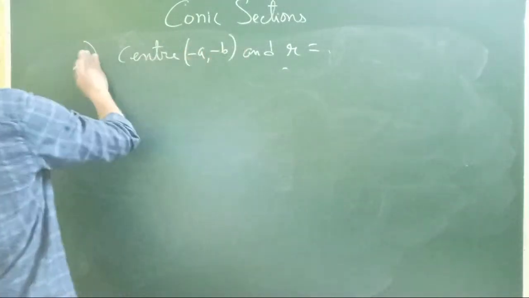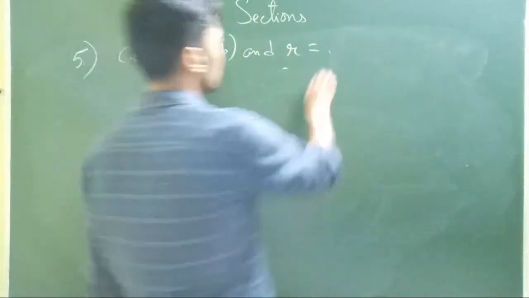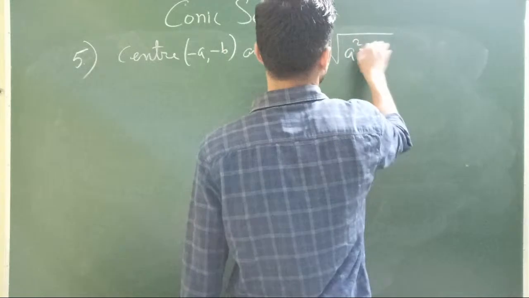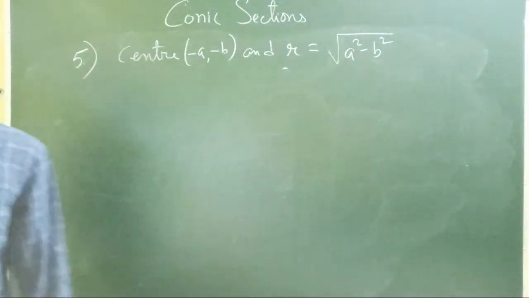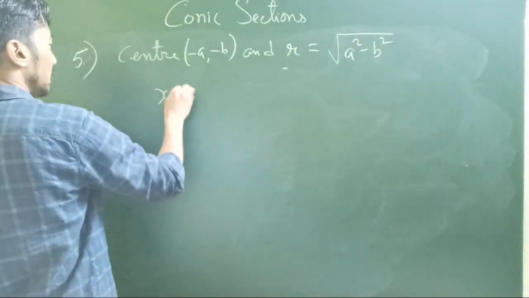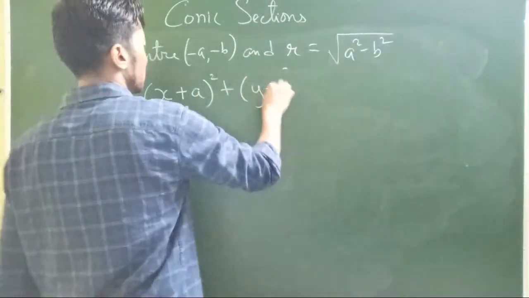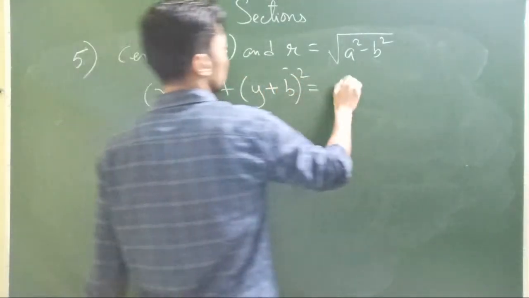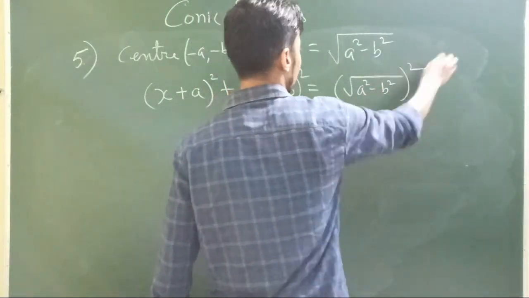The radius is given as the square root of a square minus b square. Let's go straight to the equation. That's (x minus minus a), that is x plus a, whole square, plus (y minus minus b), that is y plus b, whole square, equals r square.